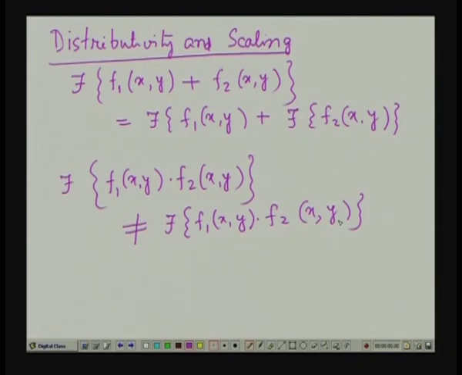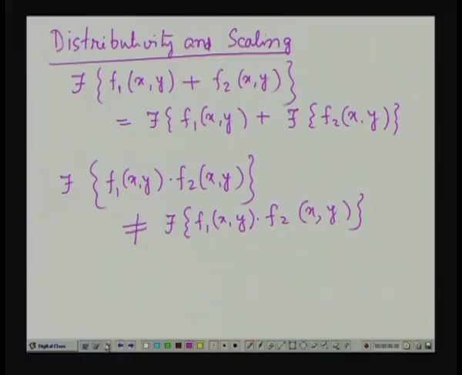So, this shows that the discrete Fourier transformation and its inverse is distributive over addition, but in general not distributive over multiplication. The distributivity property is valid for addition of two signals, but not in general valid for multiplication of two signals.